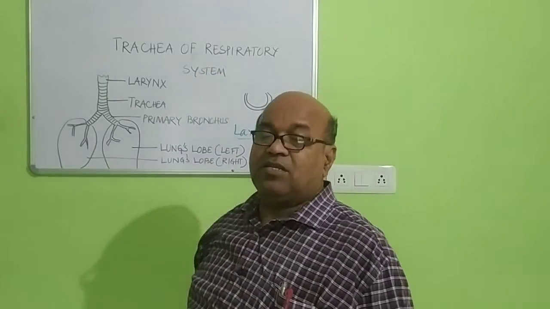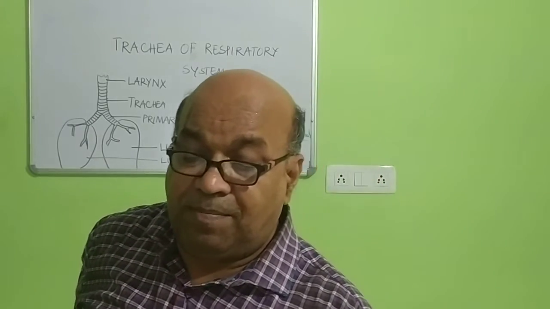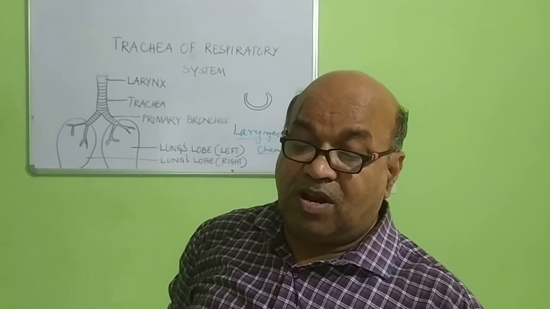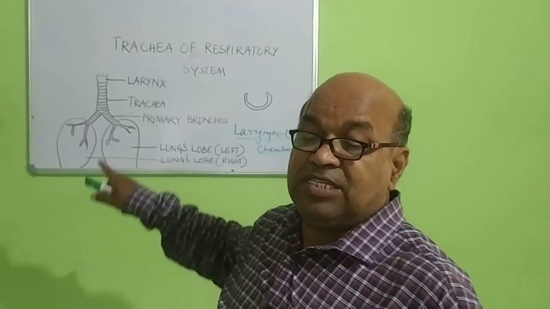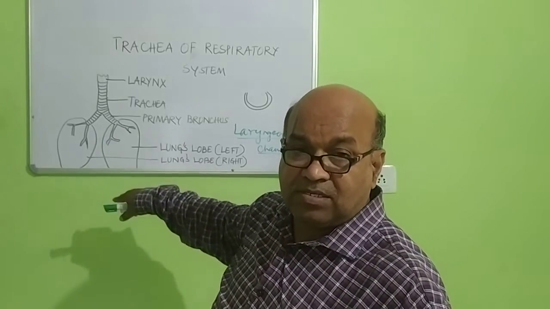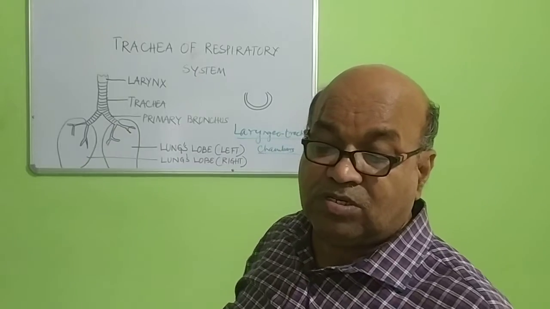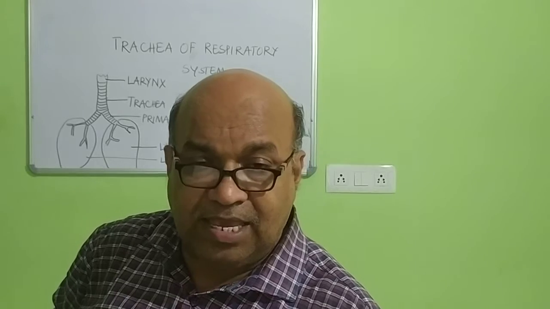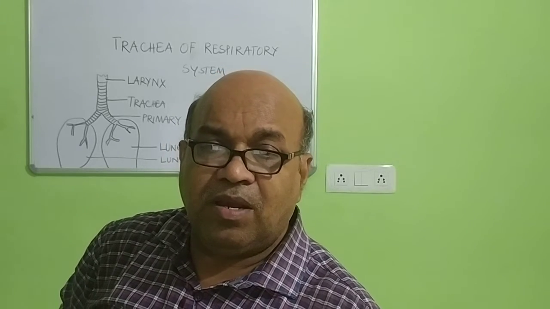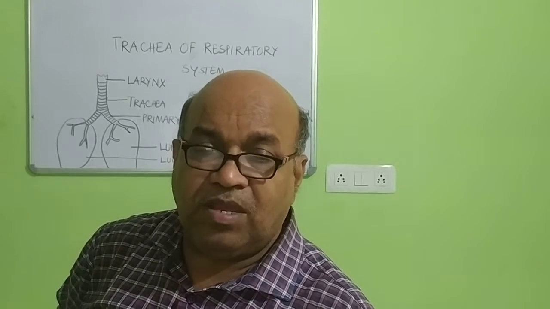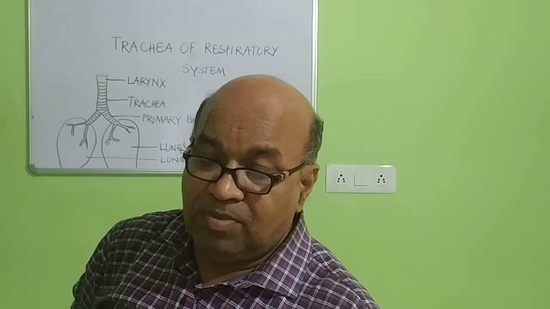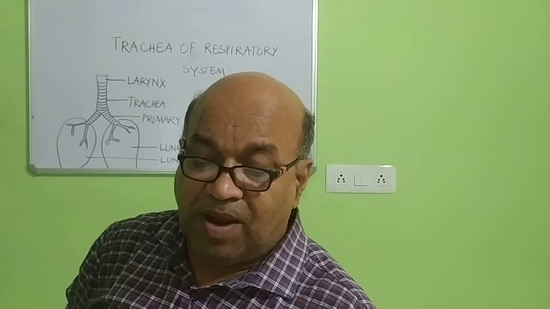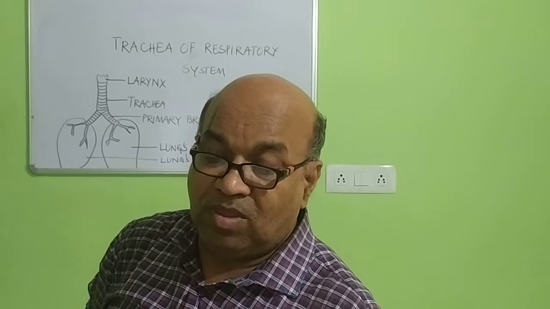The walls are further strengthened by a series of small irregular bands called cartilaginous bands. They give mechanical support to the trachea and also protection from collapsing. These are very vital parts of the trachea.